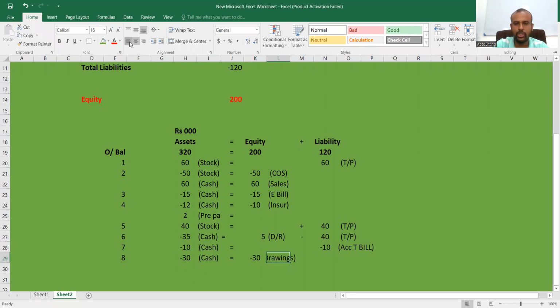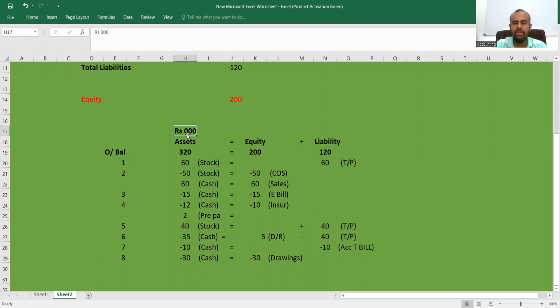This is the additional question 3 that we gave on the basic accounting equation. The first transaction, you purchased the stocks on credit basis. Second, you sold 50,000 worth of inventory for 60,000. You can see how we record the sales. Electricity bill payment, insurance payment. The May insurance payment was 12,000, but only 10,000 is an expense and 2,000 is an asset because it is a prepaid expense.